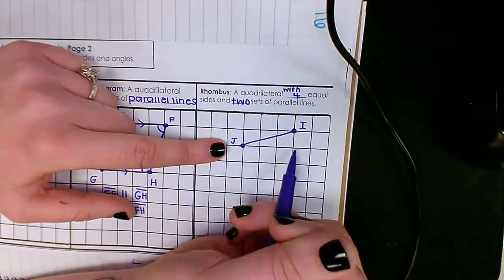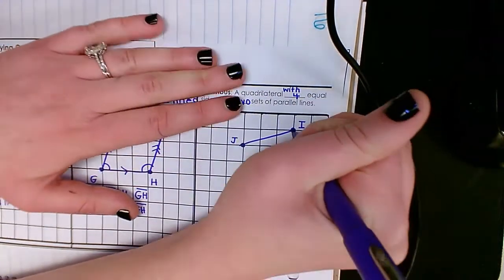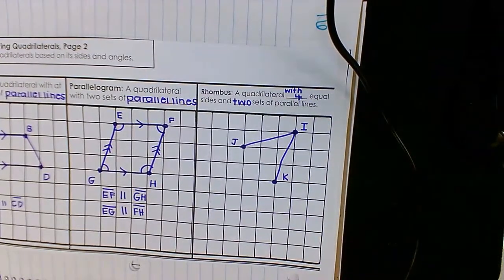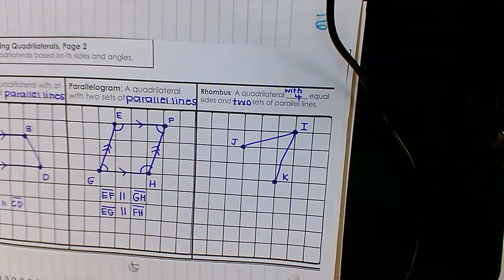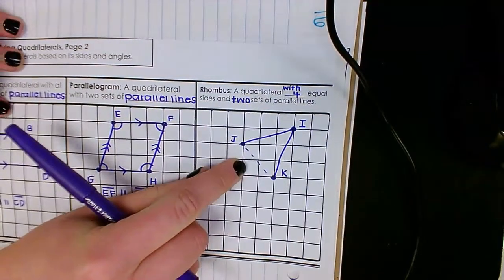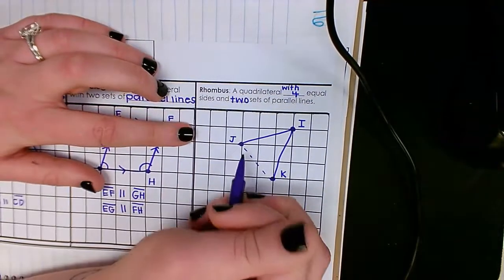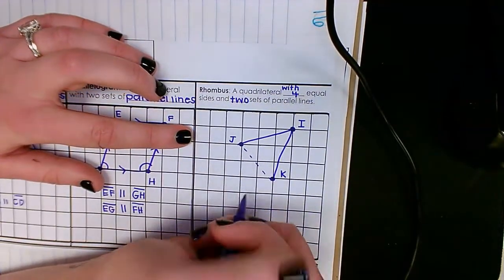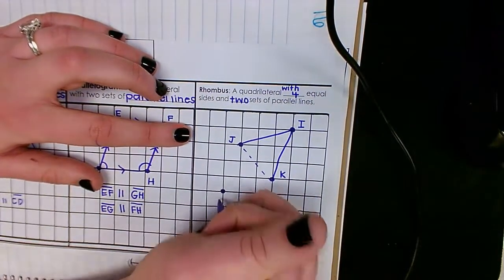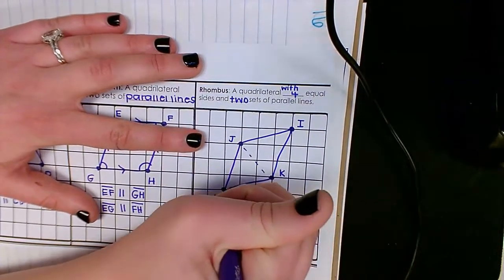Ready? 1, 2, 3, 1. We'll call that K. We're going to imagine a little line of symmetry over here and draw the same shape mirrored on the other side. That means we're going to go 1, 2, 3 over and 1, like so. Call it L. And we'll connect all of our lines together.